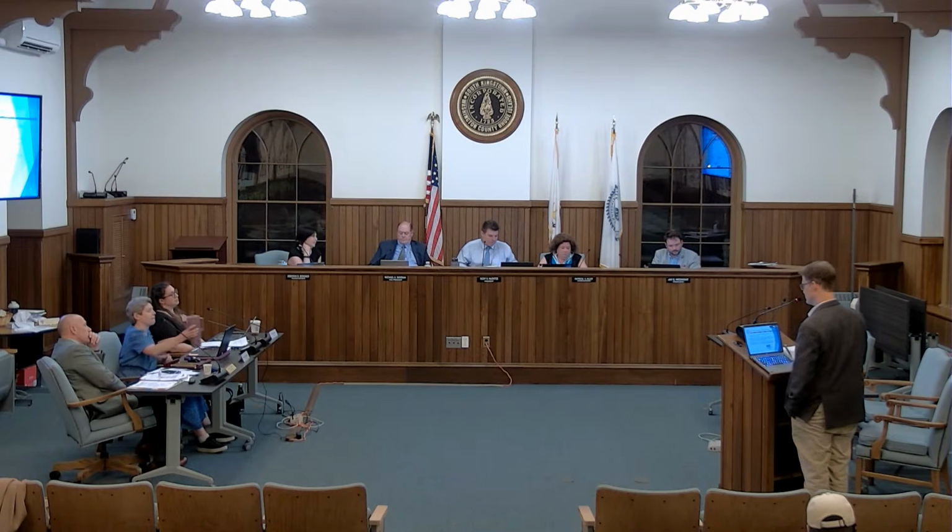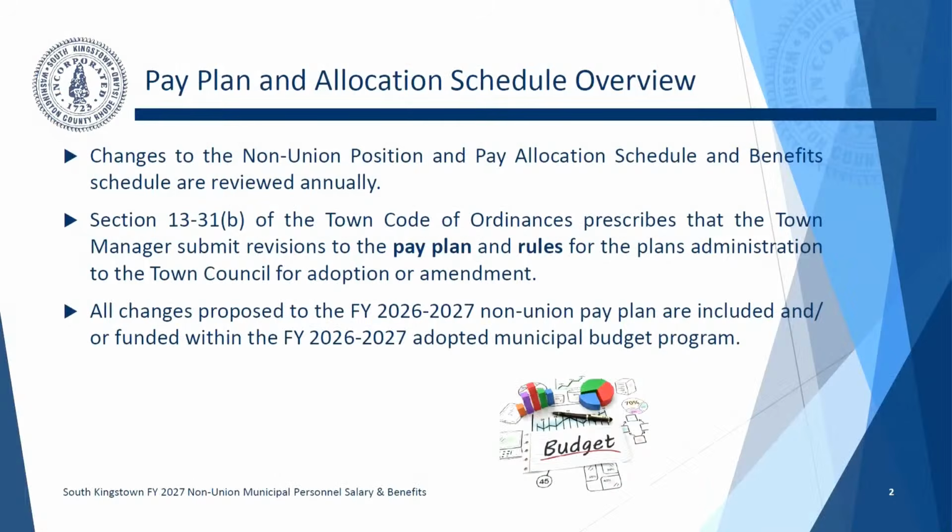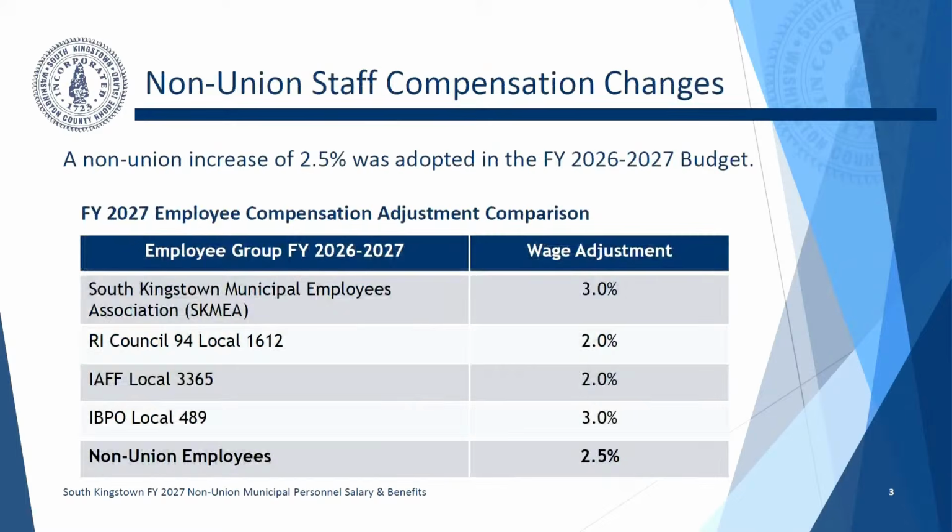As we do every year, we'll be reviewing the non-union personnel pay plan and benefits for the town. I'll try to move swiftly through this, but if you have any questions, feel free to stop me. As you know, we're required by ordinance to present the pay plan and rules every year to the council for final adoption. I will note, however, that all the changes are included in the budget for this year, which has also been adopted.